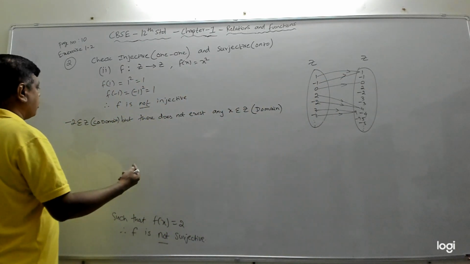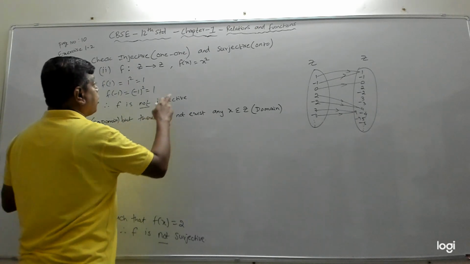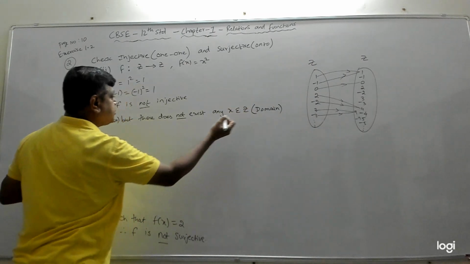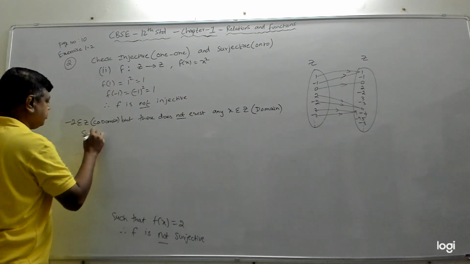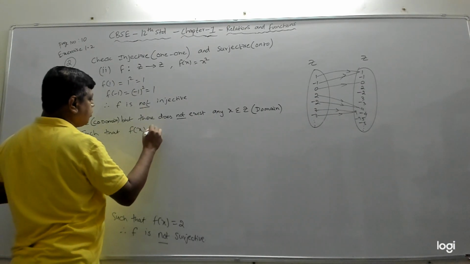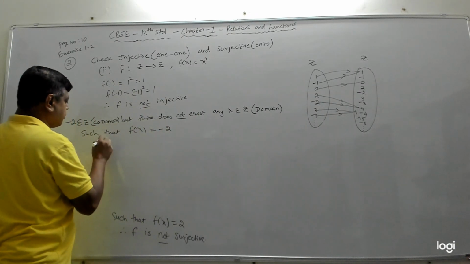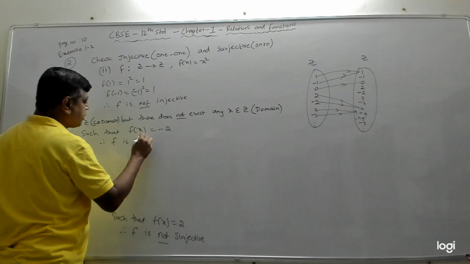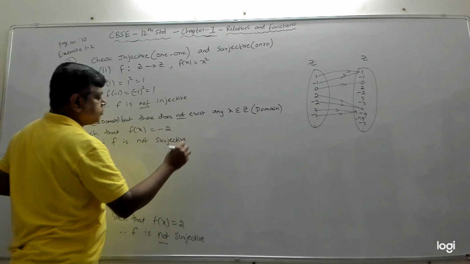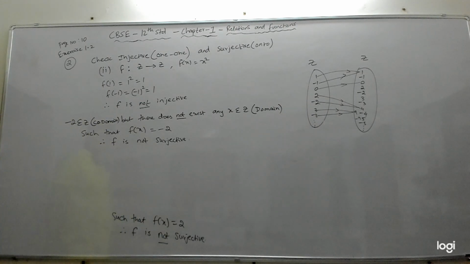Therefore, it is not onto, or not surjective. There does not exist any x such that f of x equals minus 2. Therefore, f is not surjective, or f is not onto. Okay, this is how we prove this.